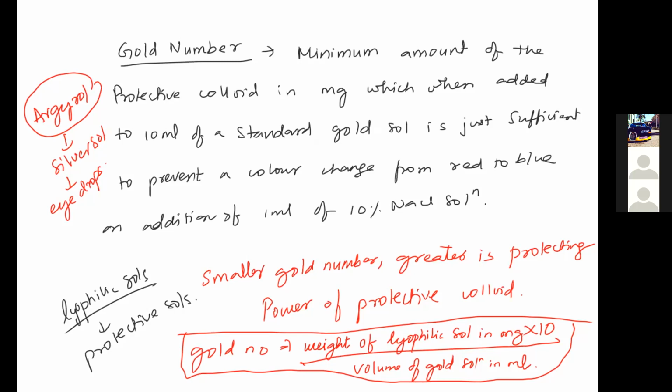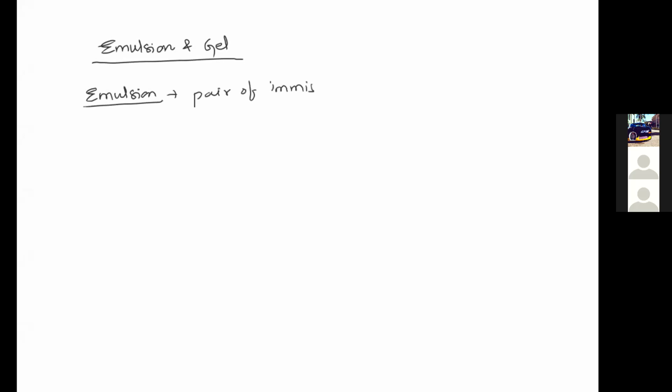Okay, let's talk a bit about emulsions and gels, and we are done with the class, the whole chapter also. So, emulsion and gel. An emulsion is a pair of immiscible liquids, like water and oil.